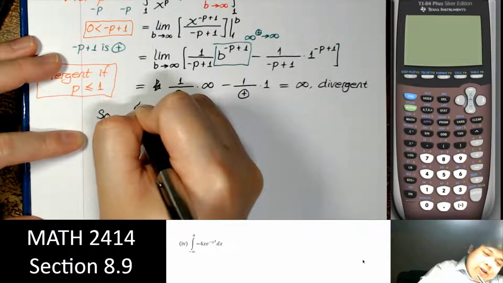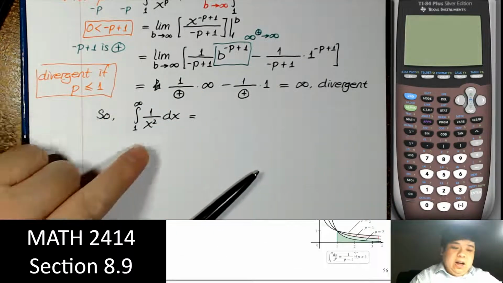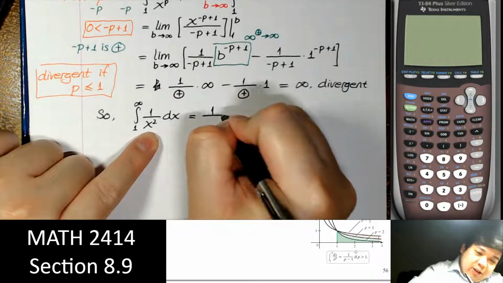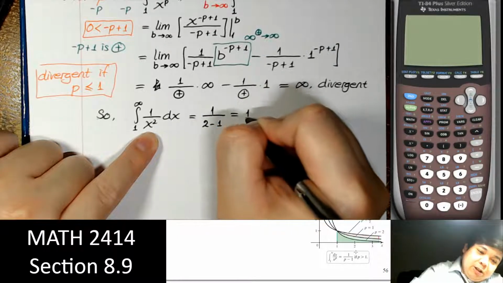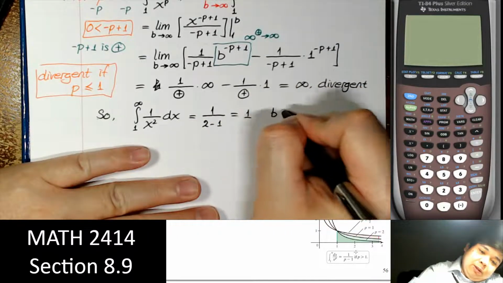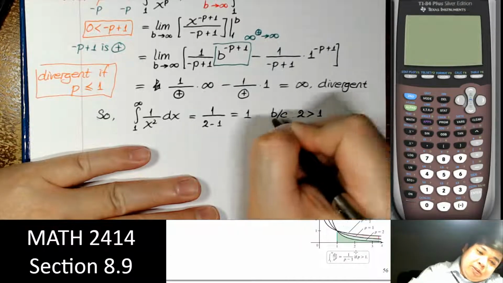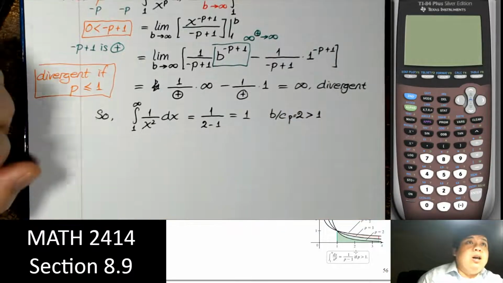From 1 to infinity, 2 is bigger than 1. So this is equal to 1 over 2 minus 1, because p is equal to 2, which is bigger than 1.